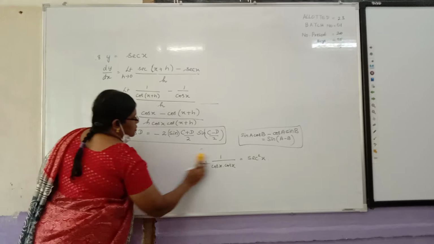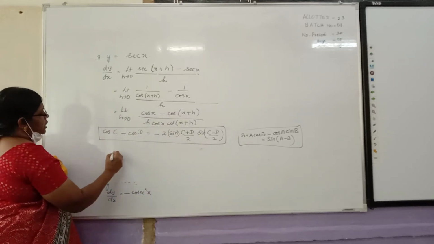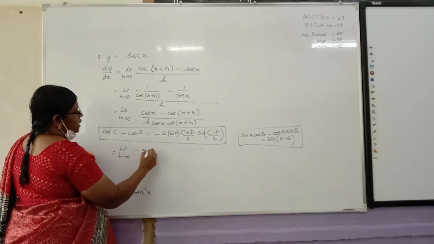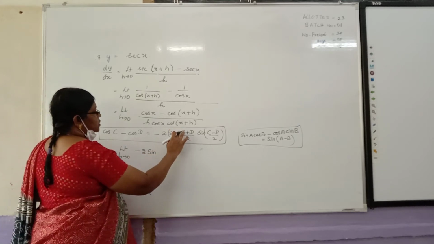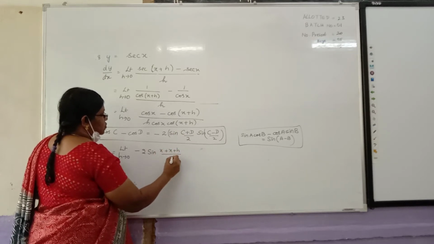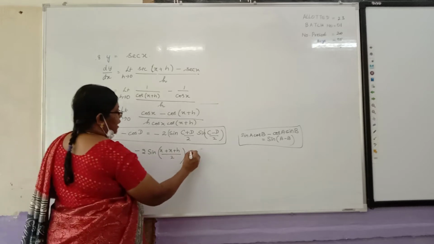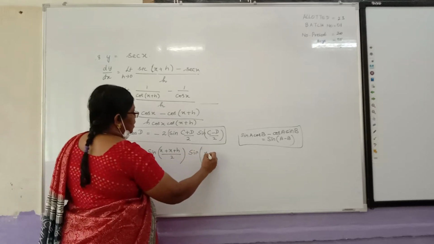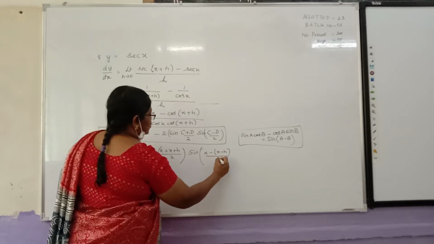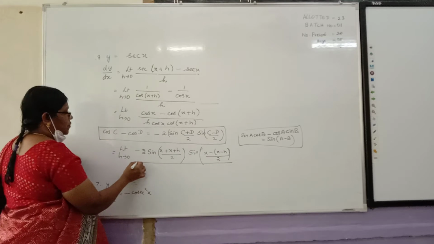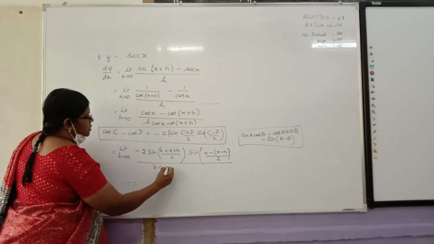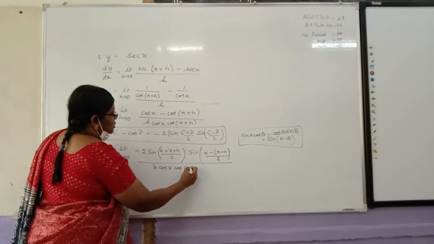So I have now limit h tends to 0, minus 2 sine of (x plus h) by 2, okay, into sine of (x minus (x plus h)) by 2, divided by h cos x cos of (x plus h).